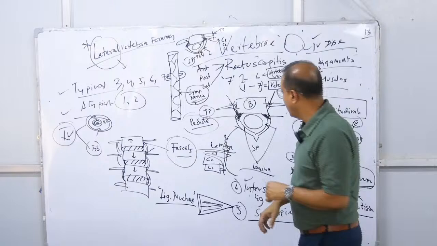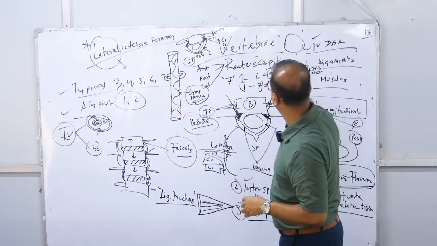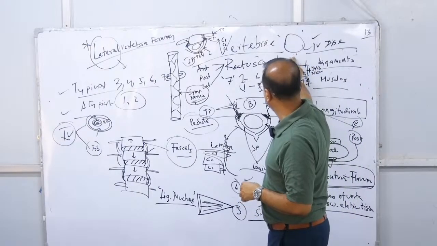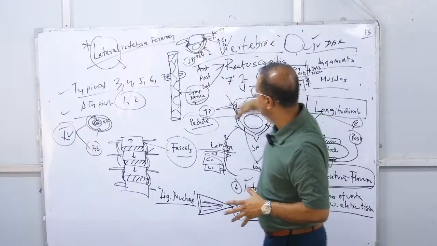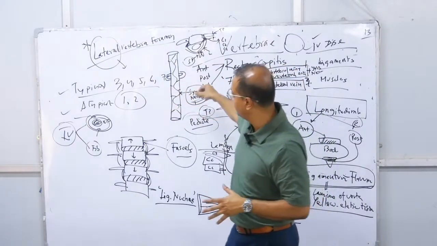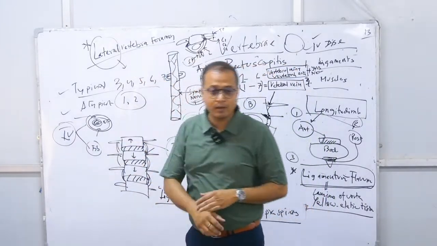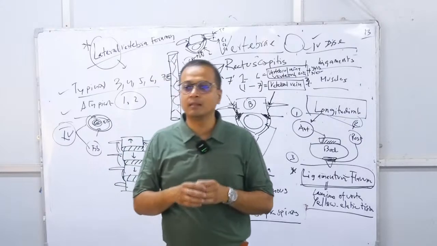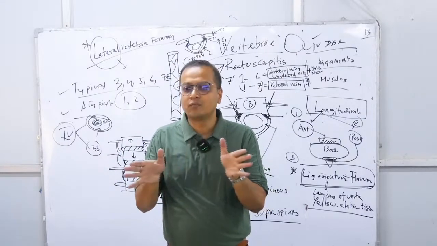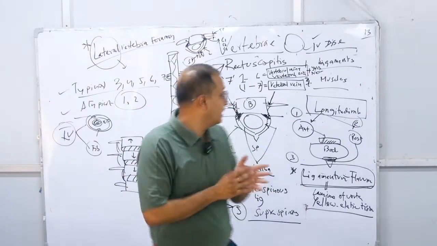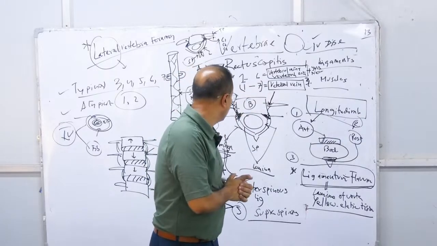You have to know the difference between synovial and cartilaginous joints, what runs through this foramen and its clinical significance, and where the spinal nerves exit. These are other points for questions.